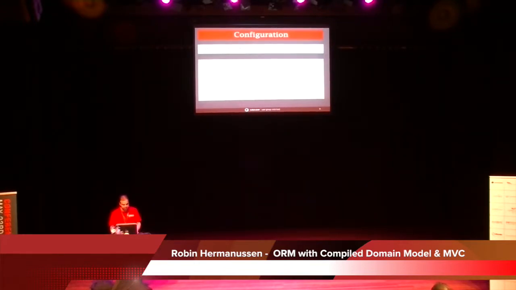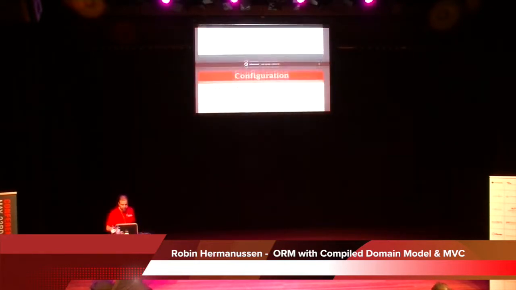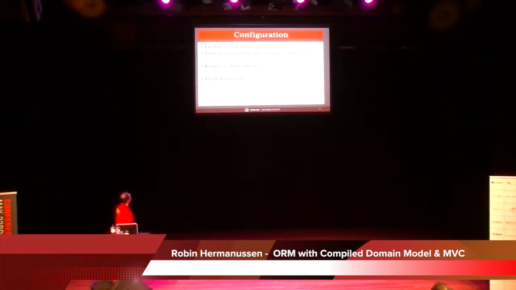Okay, so some of the settings, which I'm going to go into detail about. There's a central way in Compile Domain Model to start configuring your domain model, what classes exactly you want to generate code for, and what fixed paths.